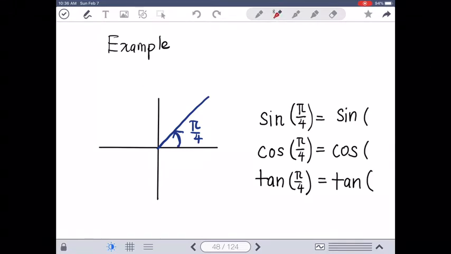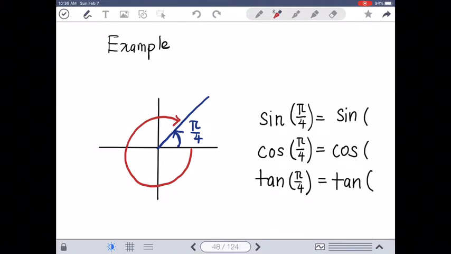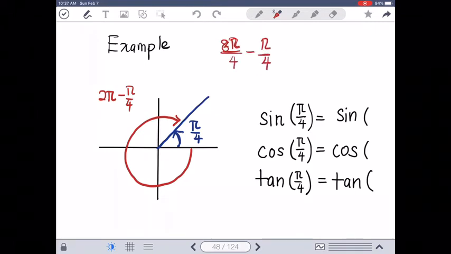The corresponding negative angle is just equals to one whole circle, 2 pi, minus pi over 4. So 2 pi minus pi over 4 is just 8 pi over 4 minus pi over 4. This is just equals to 7 pi over 4.